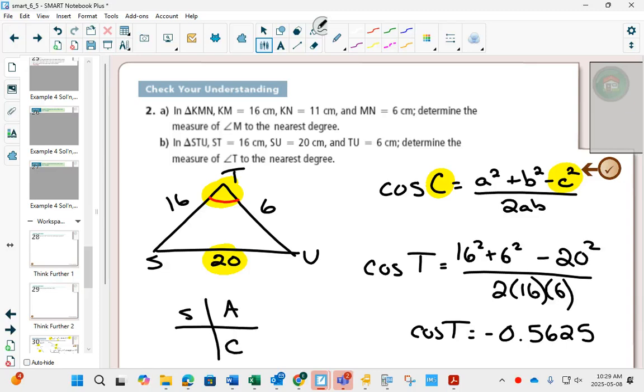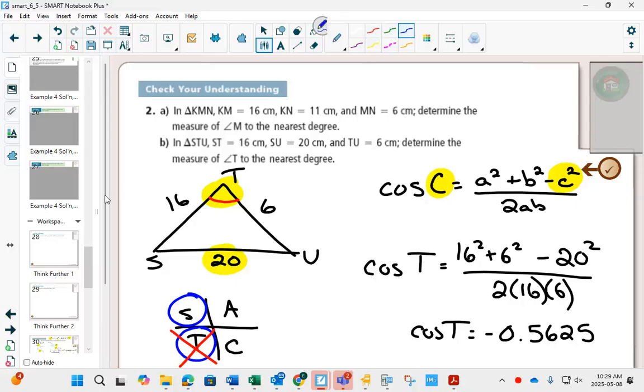Here, the negative's going to make a difference, because according to your CAST rule, it is either in quadrant 2 or in quadrant 3. I hope you'll know this one doesn't work because quadrant 3 goes over 180 degrees. Not possible in a triangle.